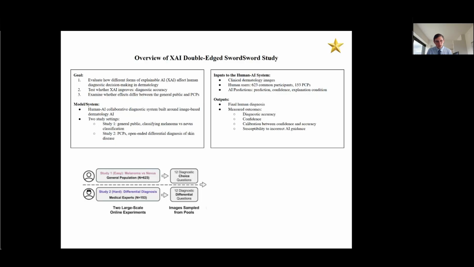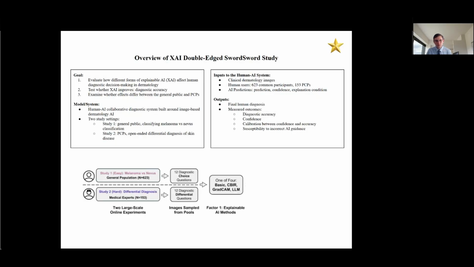The second study was a differential diagnosis, and that was specifically for the primary care providers. So unlike study one, which just asked if it was melanoma or a nevus, study two was asking for a specific diagnosis. Again, they were given 12 questions.